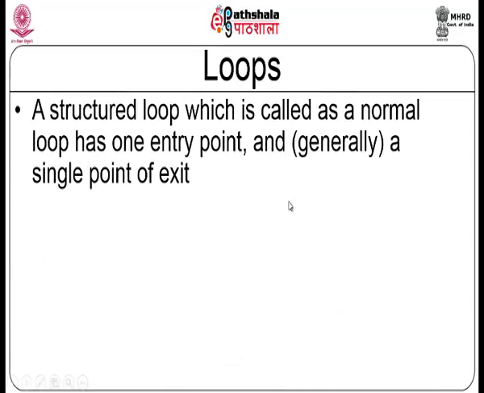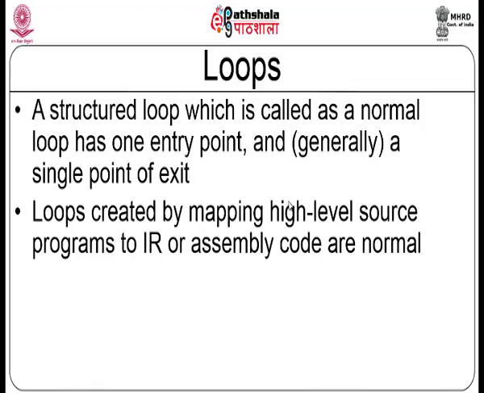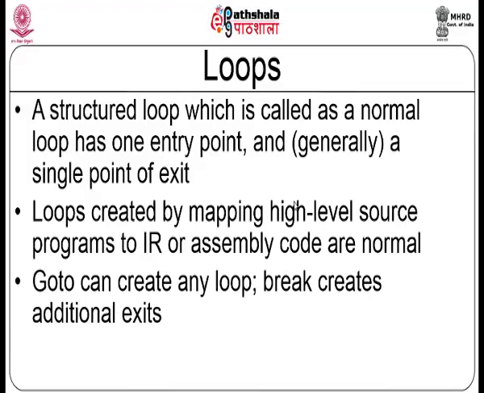Now a structured loop is typically called a normal loop, which has one entry point and a single point of exit. The loops that are created by mapping high level source programs to intermediate representation or assembly code are called normal loops. Typically you have normal loops in your piece of code. Goto can create any loop, and break creates additional exits.